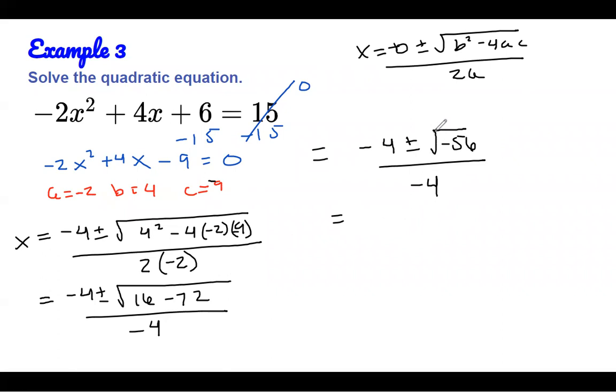Kenya, help me out. So I'm going to go ahead and separate my square root. So I have square root of 56 times the square root of negative 1. What is square root of 56? How do I rewrite that one?